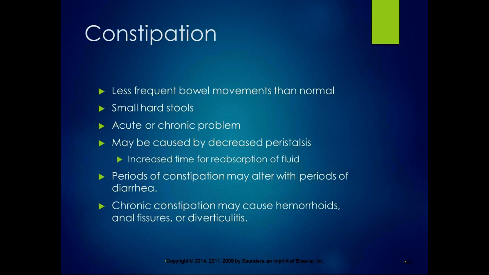A lot of times after surgery, the peristalsis of the digestive system is slowed down, and people are on medications that might cause constipation. So that's one of the things they're often looking at in the hospital: has the digestive system returned to normal? Do you have normal elimination?